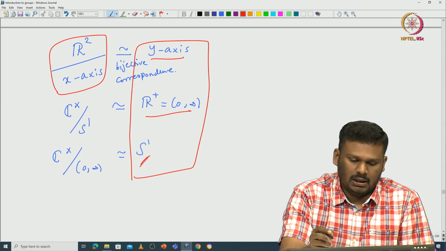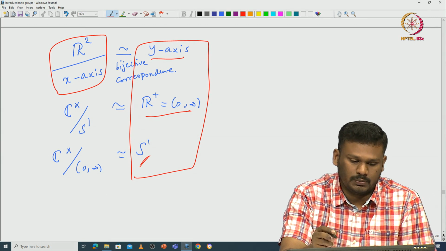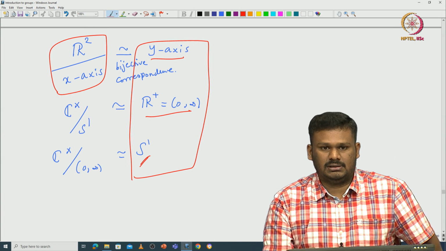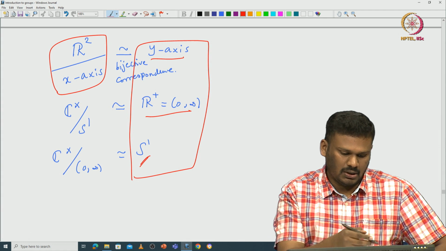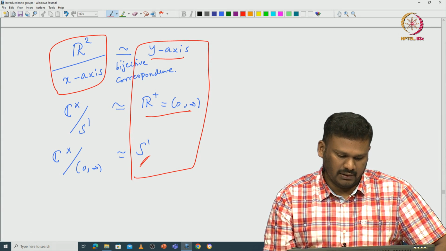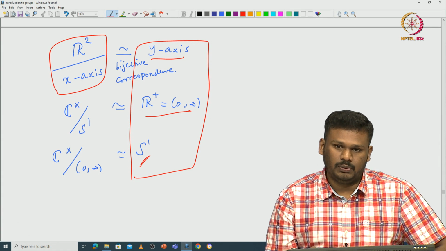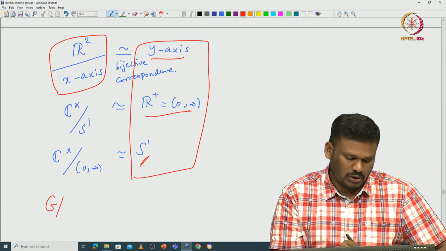So this somewhat motivates us to look for a group structure on the set of all left cosets. You can easily see that all these examples are commutative. If we are interested in putting a group structure on this set of all left cosets G modulo H, we have to be a little bit careful.